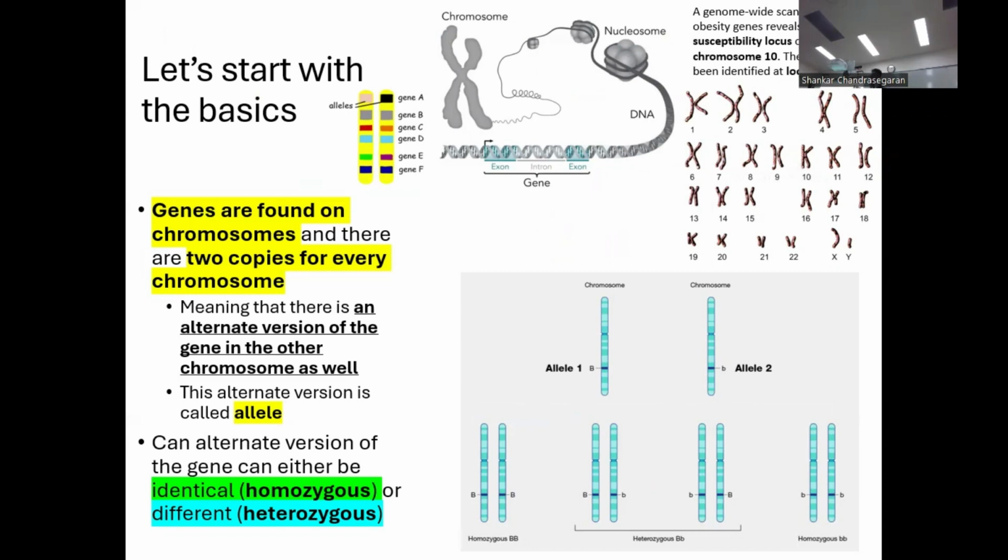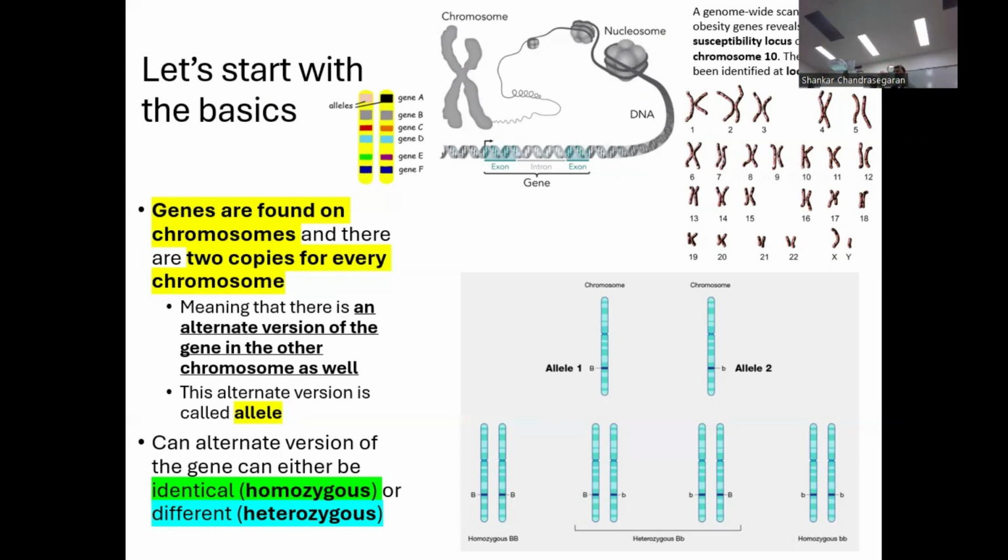And within this chromosome, there are the same genes located. So let's say chromosome 1 has gene X, the same copy that the other chromosome has will also have gene X. But sometimes there can be an alternate version, meaning that it won't necessarily code exactly the same.